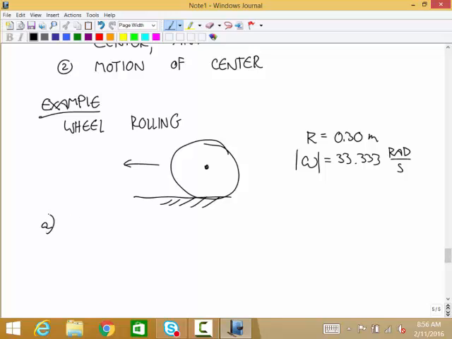And the question is, first, what's the velocity vector at the bottom of the wheel, right at the point where it's touching the ground? So what's the velocity at that point B? And second, what's the velocity vector at the top, this point T?